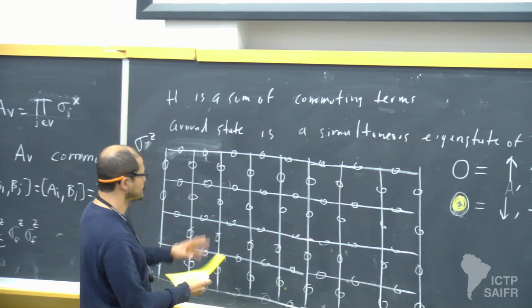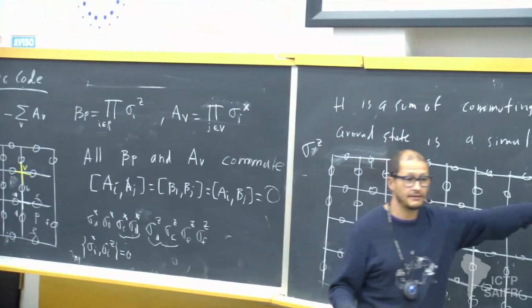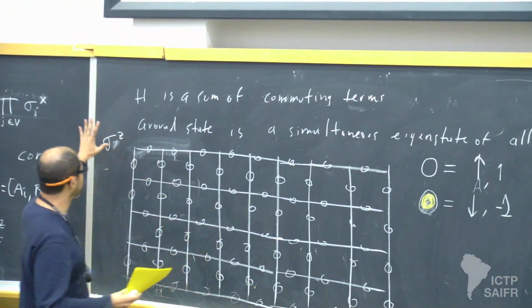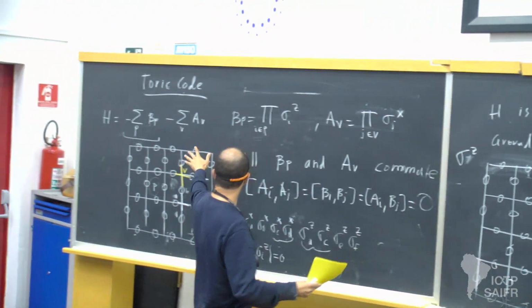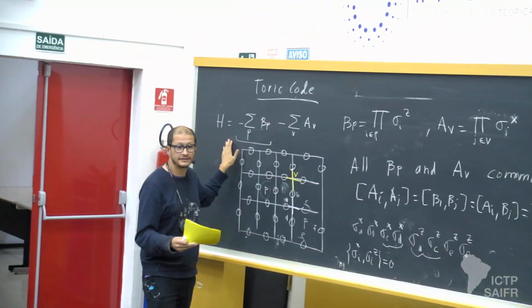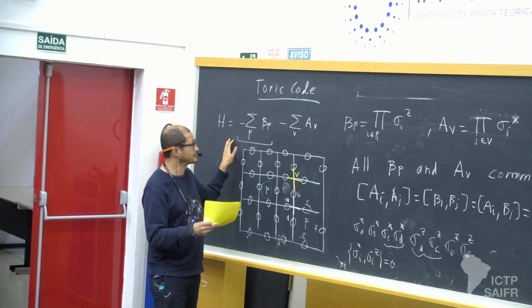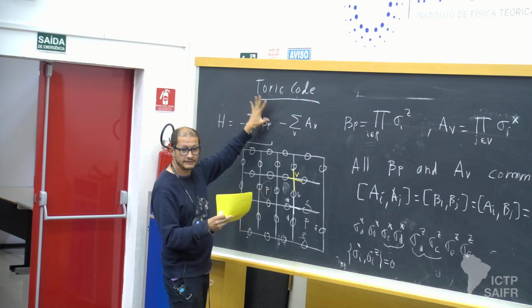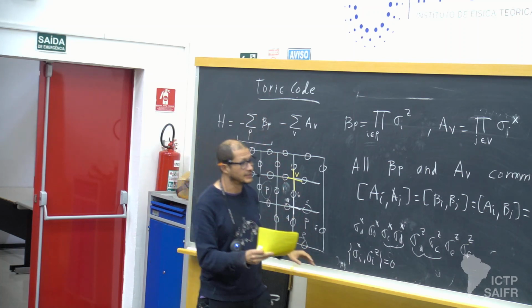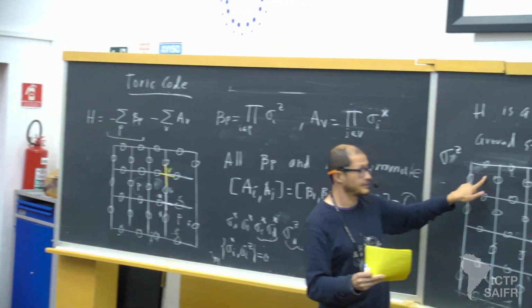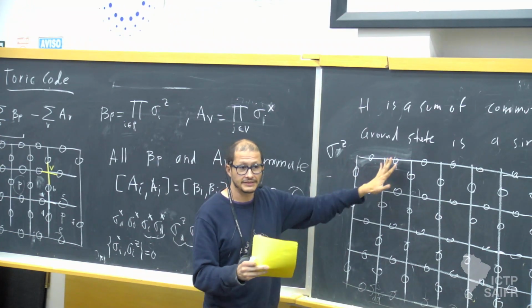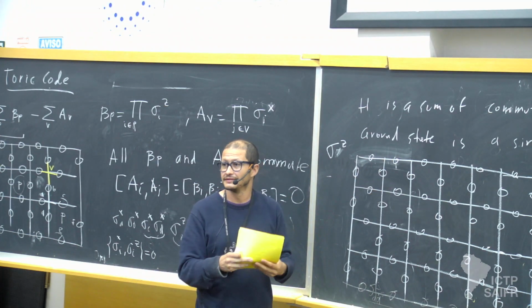So as it is, it's all spins up. This is a ground state, or an eigenstate with low energy of this object here, because the products over all the plaquettes are 1.